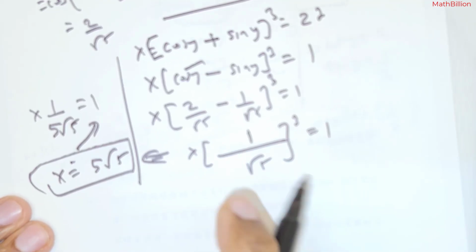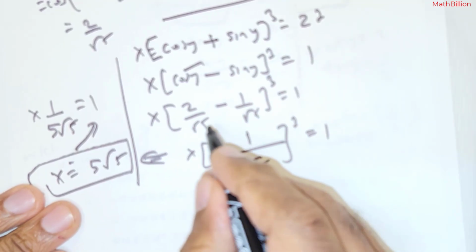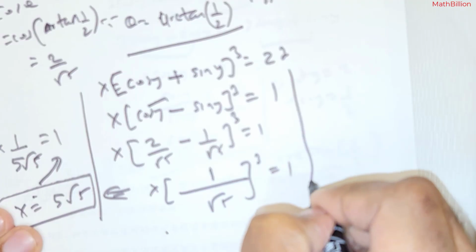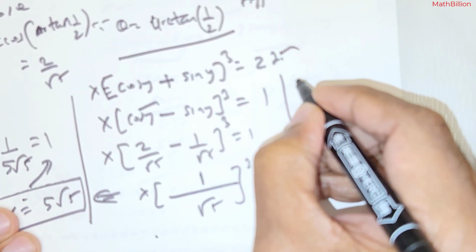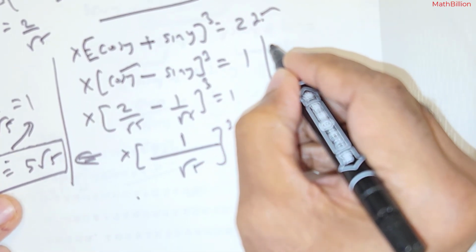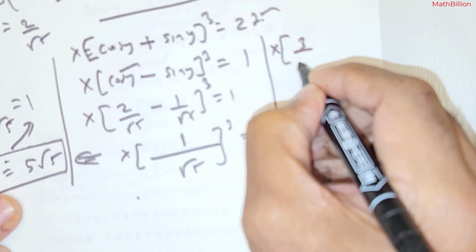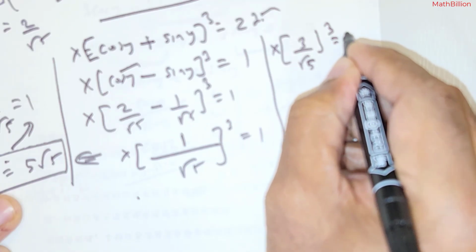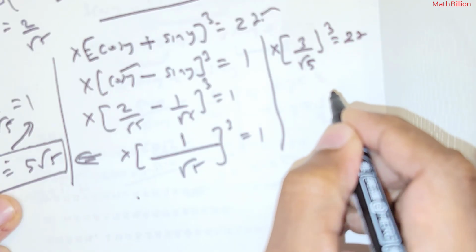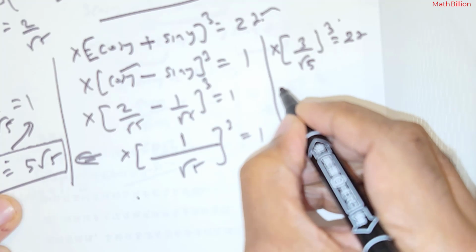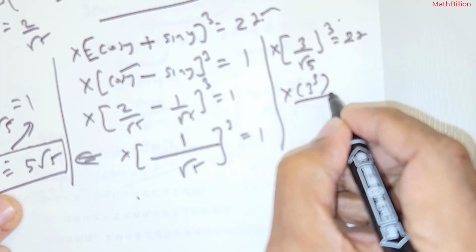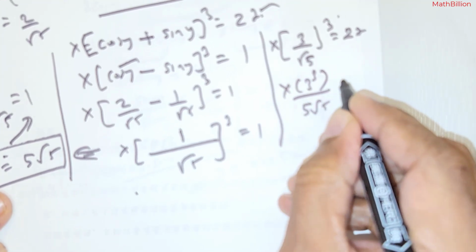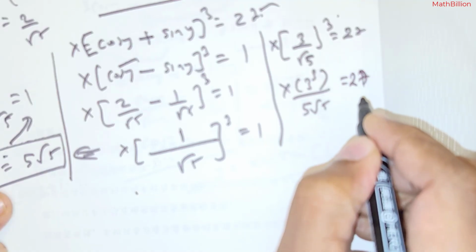Now over here, if you were to utilize the other equation, this is going to give me x of (3 over root 5) raised to the power of 3 is equal to 27. Now this is actually x times 3 raised to the power of 3 divided by 5 into root 5, is equal to 27.